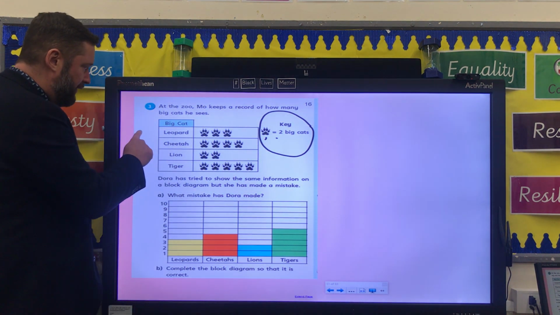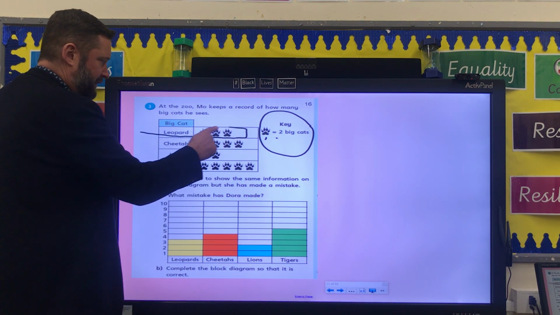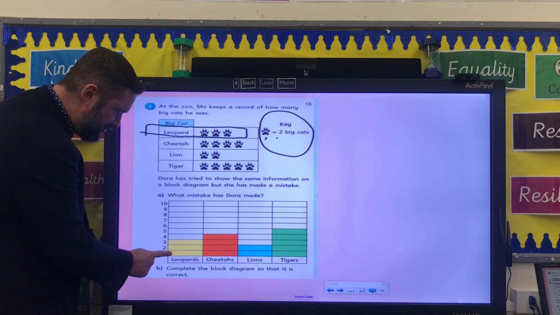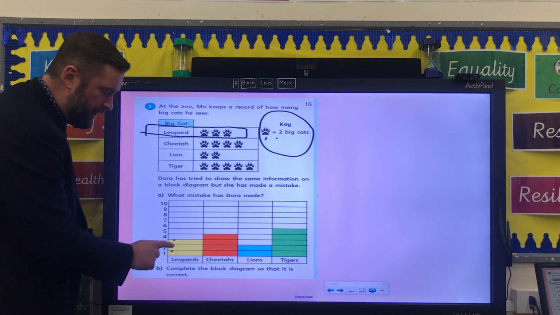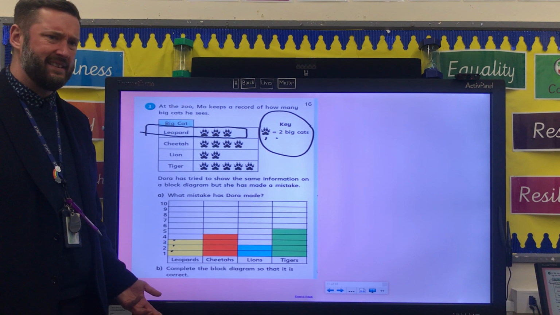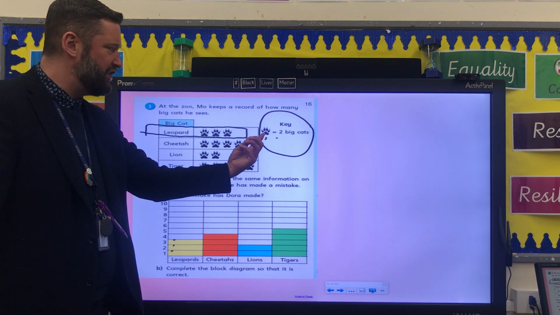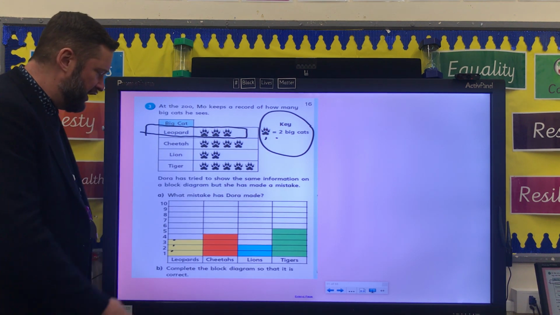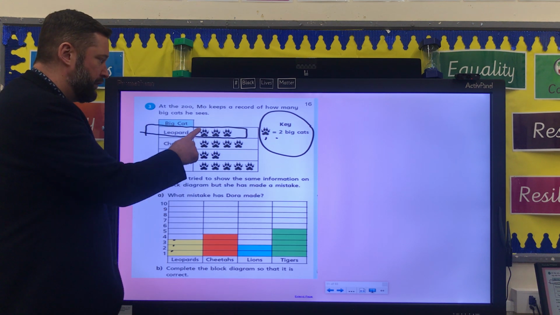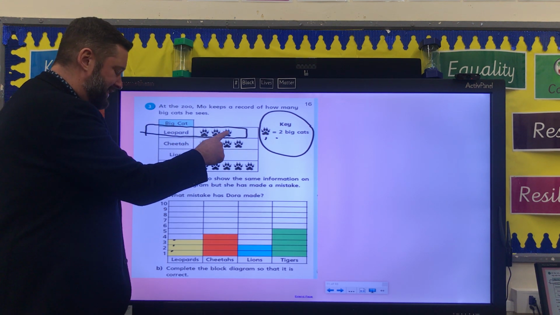Now, if we look at the leopards, there are 3 pictures here, and she's drawn 1, 2, 3 bits of her block diagram in. But that's not right, is it? Because each picture equals 2 cats. So what should she have coloured up to? 2, 4, 6.